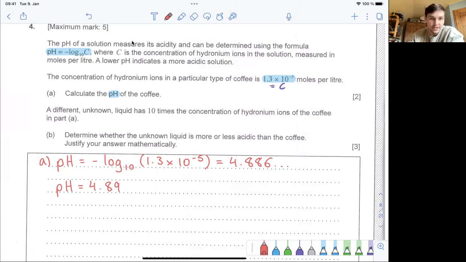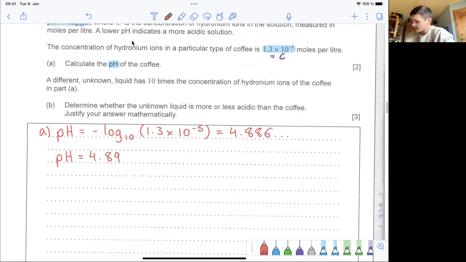So a different unknown liquid has 10 times the concentration of hydronium ions of the coffee in part A. Determine whether the unknown liquid is more or less acidic than the coffee. Justify your answer mathematically.